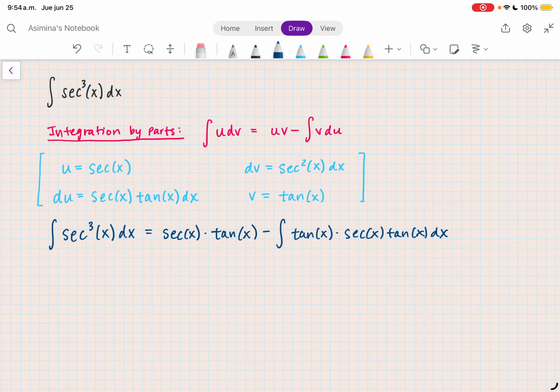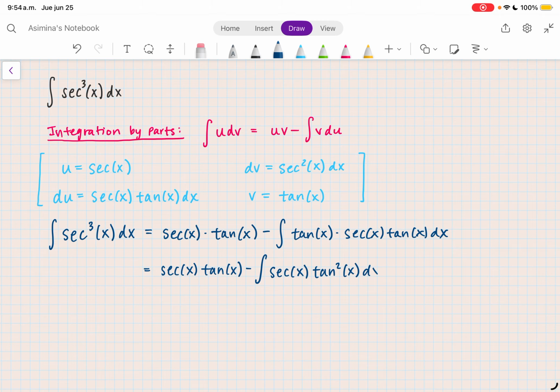Okay, so let me simplify this a little bit. So this is equal to secant of x times tan of x minus the integral of, this is now secant of x times tan squared x dx.